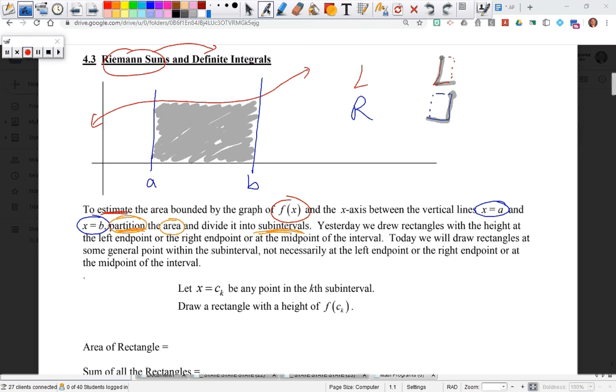We also looked at the midpoint. Okay, so the midpoint is this x, and this x value has an average that is right here in the middle. If I throw that into the function, it will spit out a y value that is here that gives you the height of this rectangle.